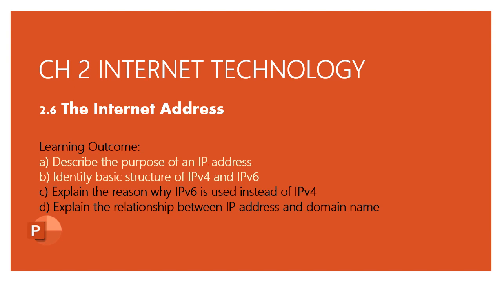In 2.5 subtopic, we discussed broadband internet connection. What is broadband internet connection? It is a type of internet connection which is always on and provides high-speed internet access. There are 2 types of broadband internet connection, which is wireless broadband internet connection and wired broadband internet connection.